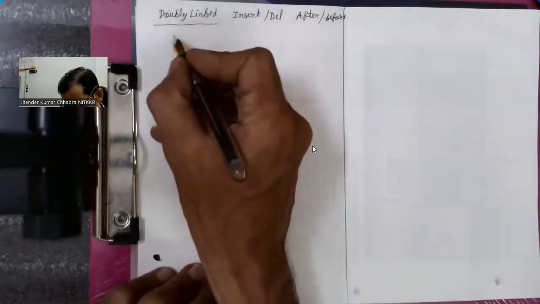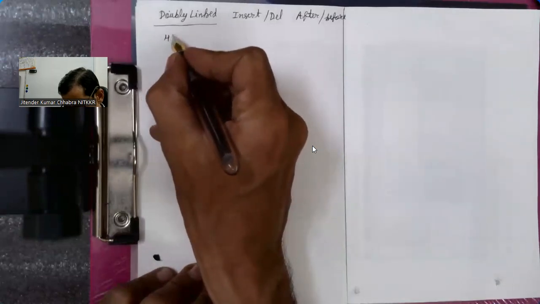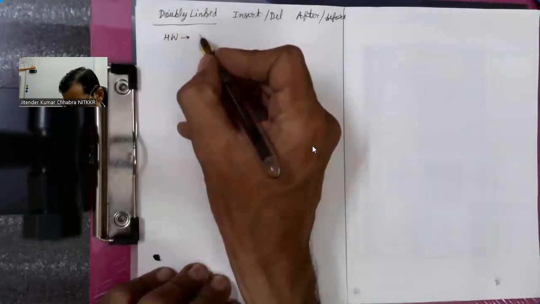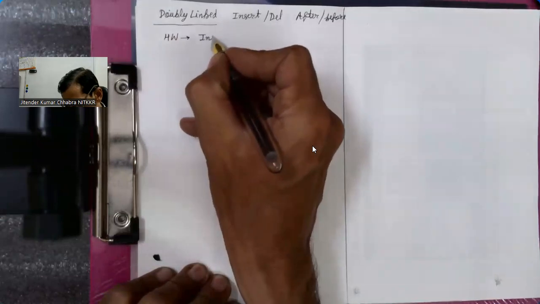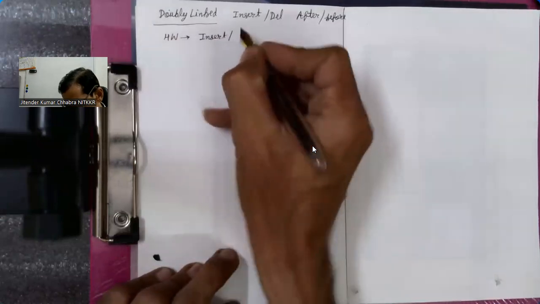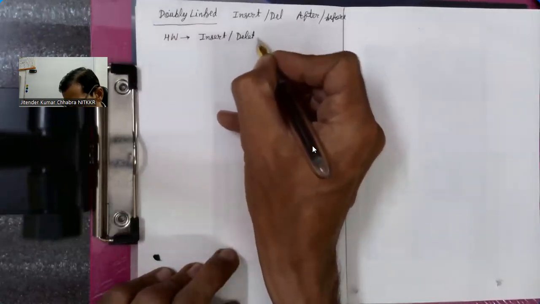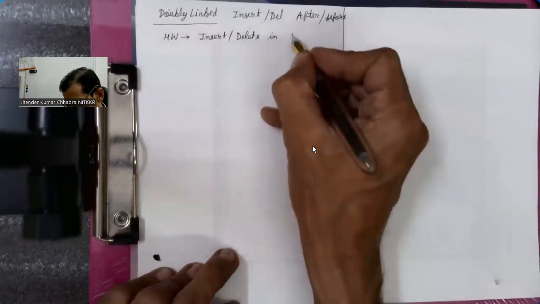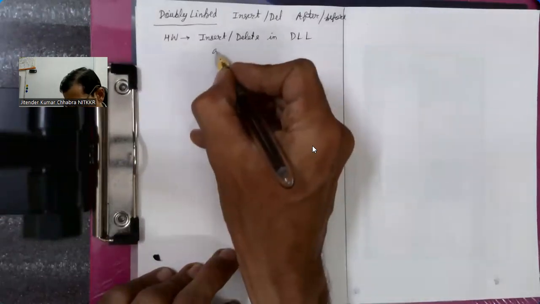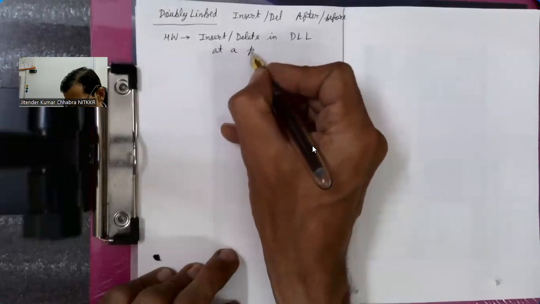So in general, the first homework I will tell you to try is to insert and delete at any position. Insert, delete in a doubly linked list at a position, POS.